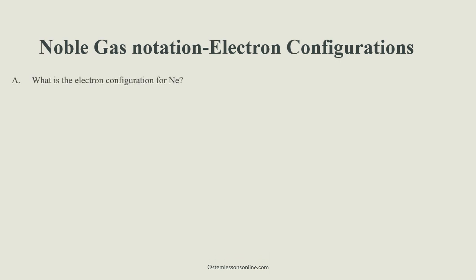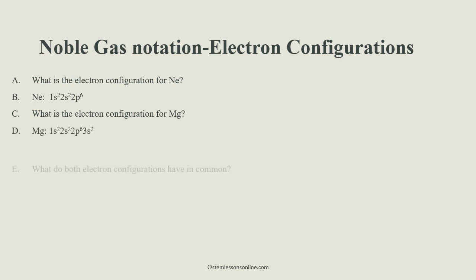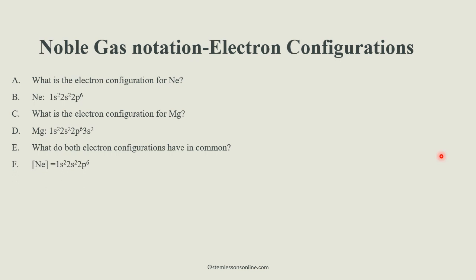What is the electron configuration for neon? 1s2, 2s2, 2p6. What is the electron configuration for magnesium? 1s2, 2s2, 2p6, 3s2. What do both electron configurations have in common? I can see that 1s2, 2s2, 2p6 is common, right? So that corresponds to the configuration for neon.